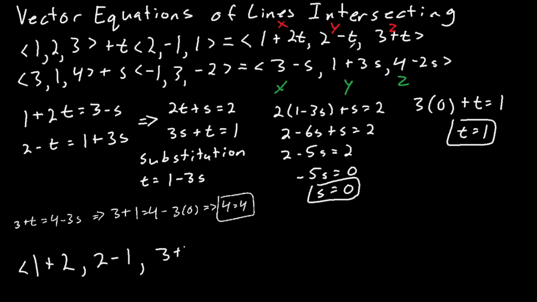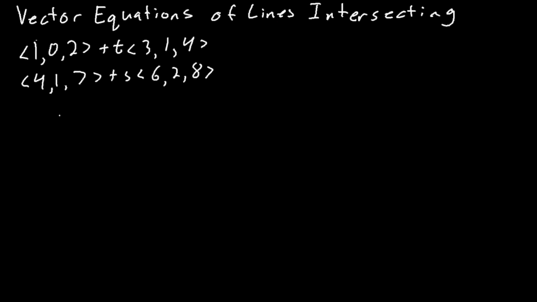And 3 plus t, which is equal to just 3 plus 1. So at this coordinate point, and let's actually just remove the vector symbols because this is not actually a vector, these two lines intersect.